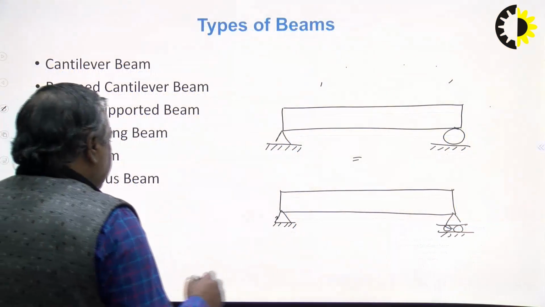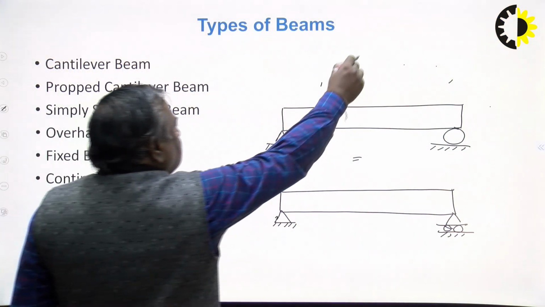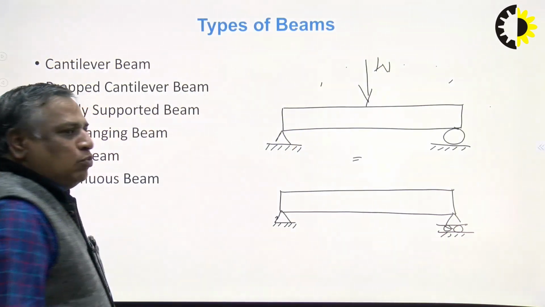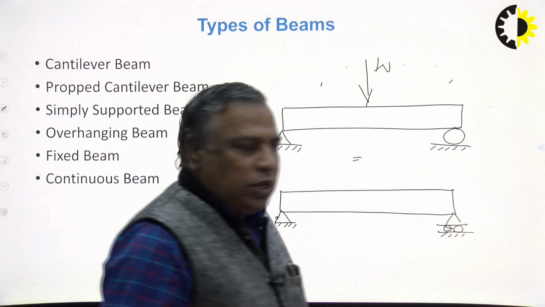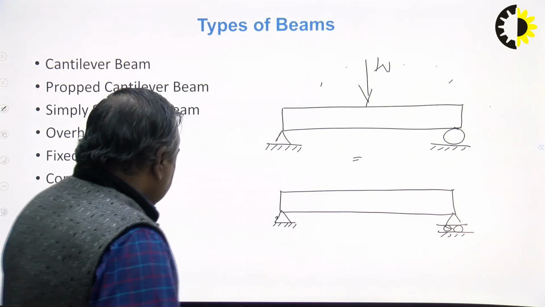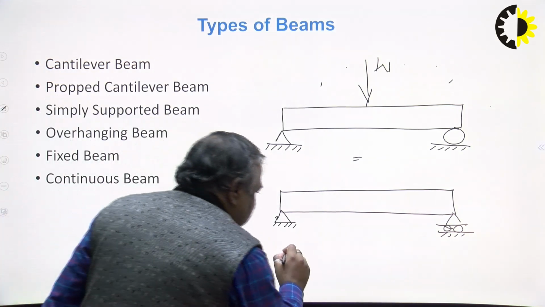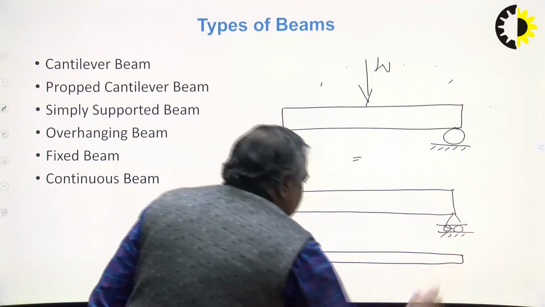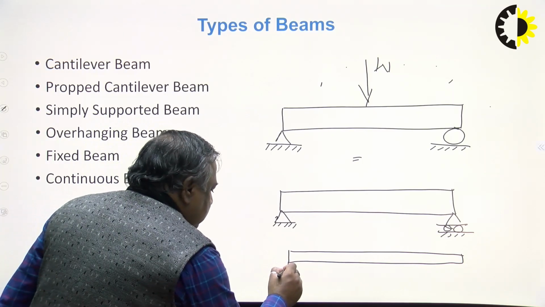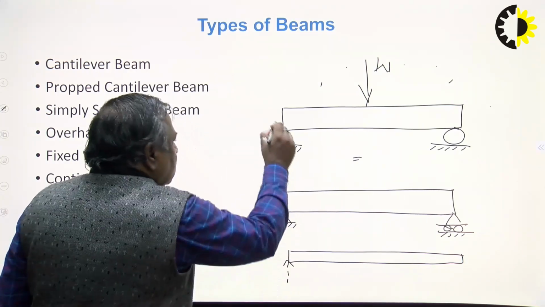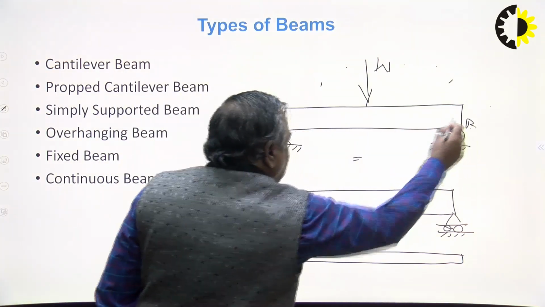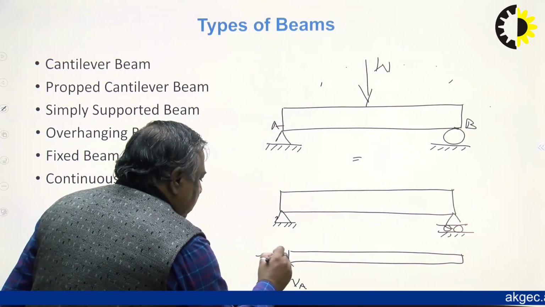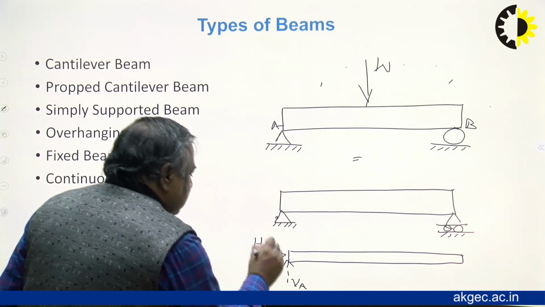Now the free body diagram, if it is subjected to some load W, vertical, inclined, moment, UDL or UVL, then I want to discuss only the reactions here. This is a beam, this is a hinge, so this is point A, this is point B, so this is VA, this is HA, the hinge.